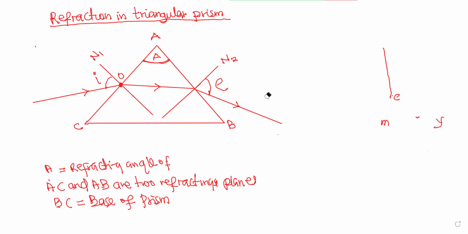And you understand how that is done. So if this is the incident ray, when we extend the incident ray to its original path, we have this. I'm just extending it.